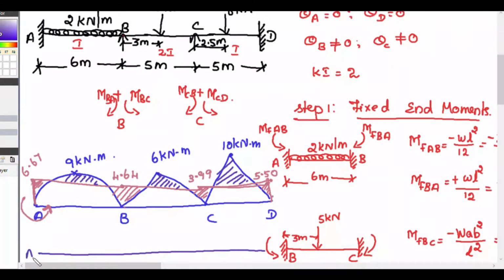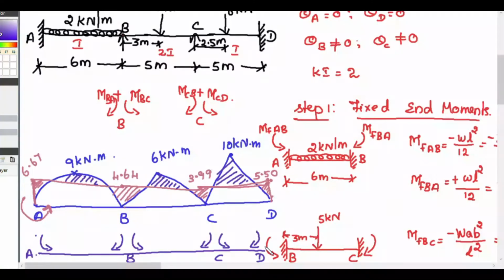So this is our span A, B, C and D. At A, we have a negative bending moment, that is, when you are taking the section AB, our bending moment is like this at A. At B, we have a clockwise and an anti-clockwise bending moment. At C, we have a clockwise and anti-clockwise bending moment. And at D, we have a clockwise bending moment, right?